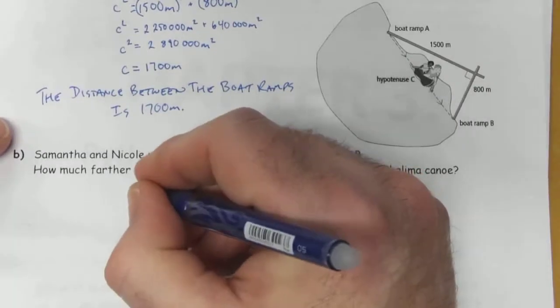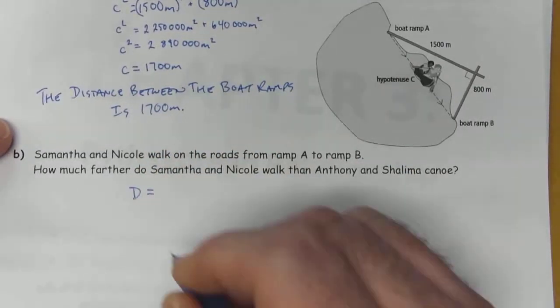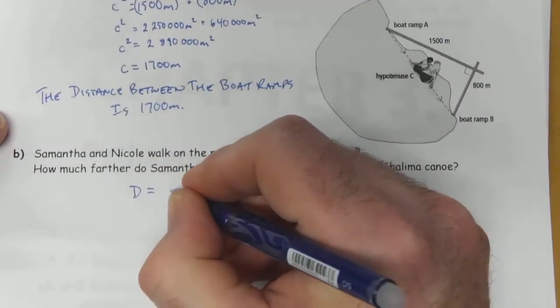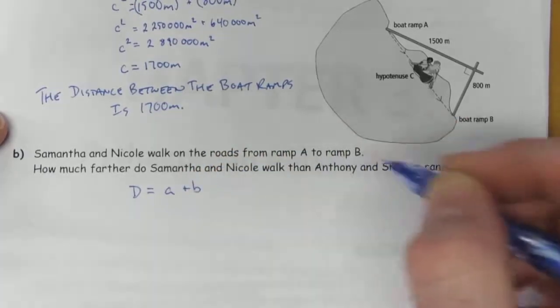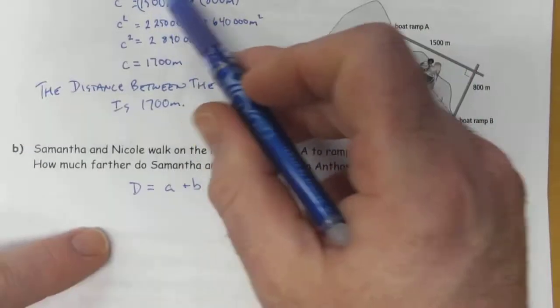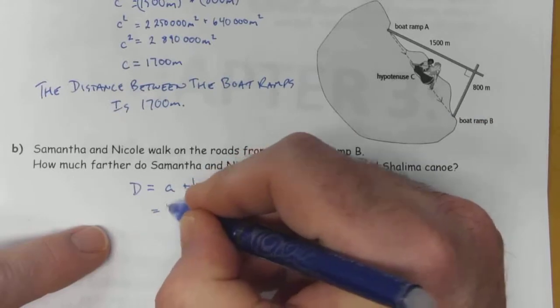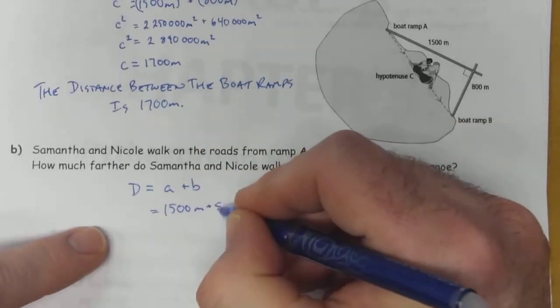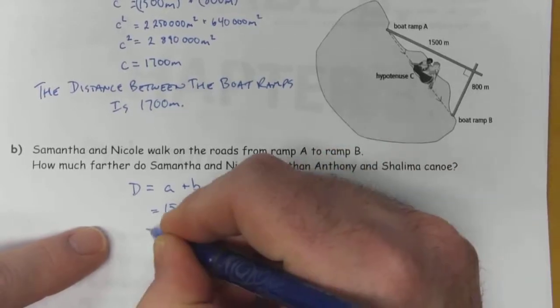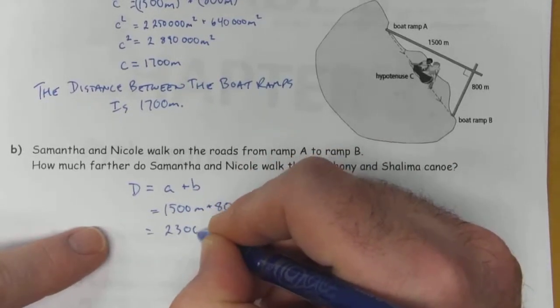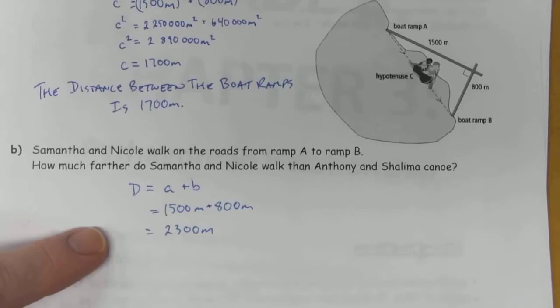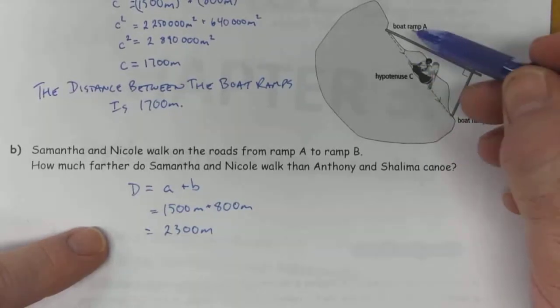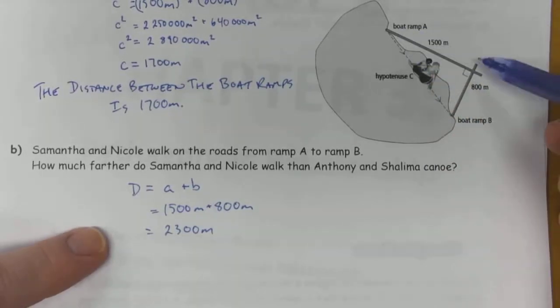So the distance is equal to A plus B, if we're going to use the same references as we did above. So that's equal to 1,500 meters plus 800 meters, which totals up to 2,300 meters. So that's the total distance that they walked along the road.